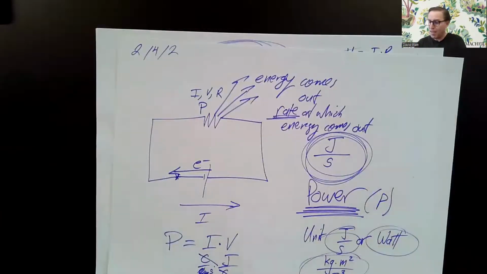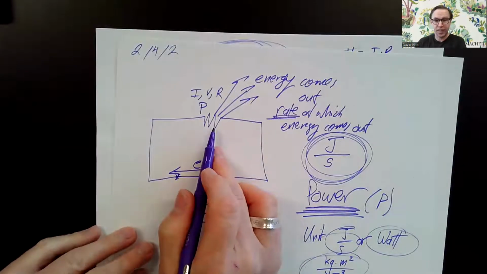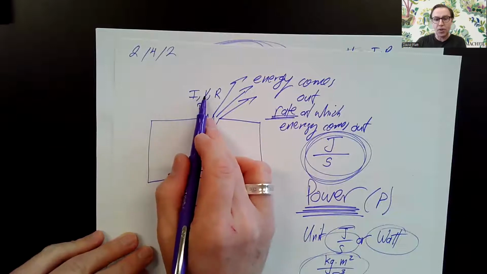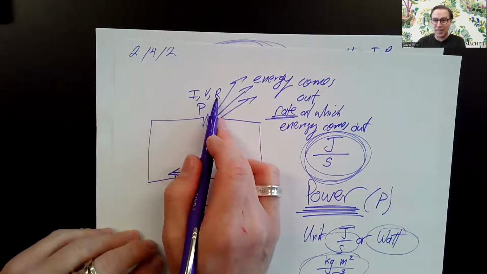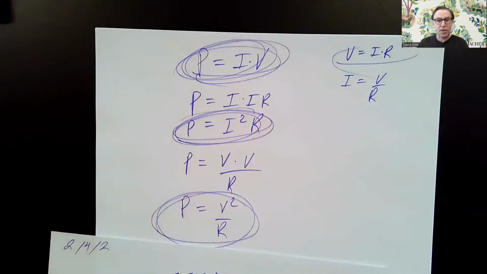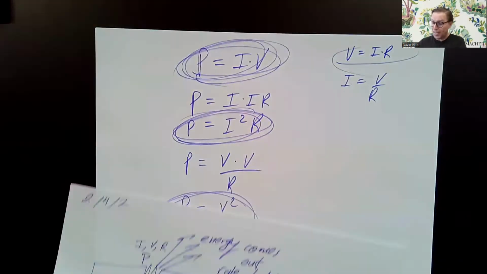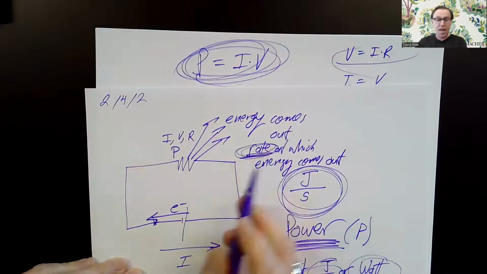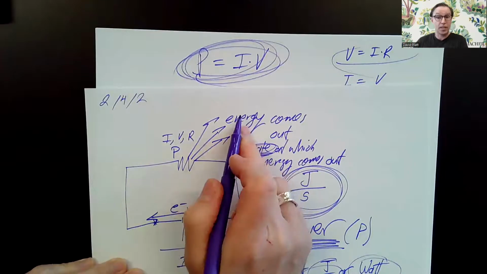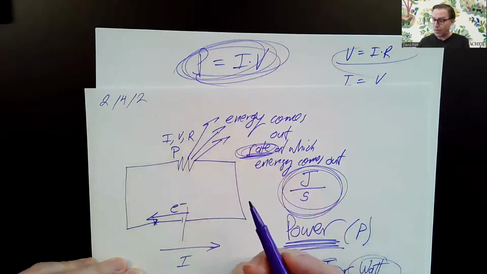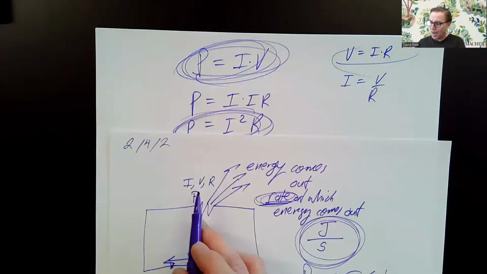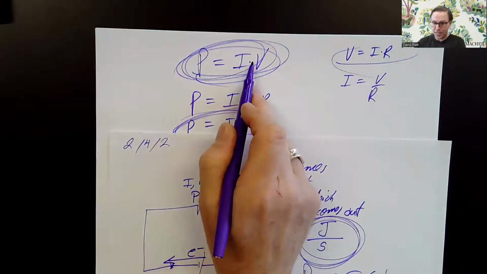If I have a resistor and I know the current through it, the potential difference across it, and the resistance of it, I can use any of these 3 equations to calculate the power, the number of joules per second of energy coming out, the rate at which energy is released. But often you don't know I and V and R. But if you know any 2 of them, I and V, use that.